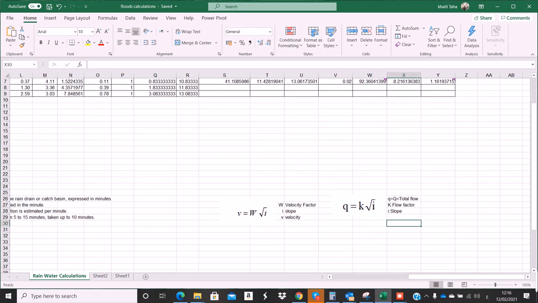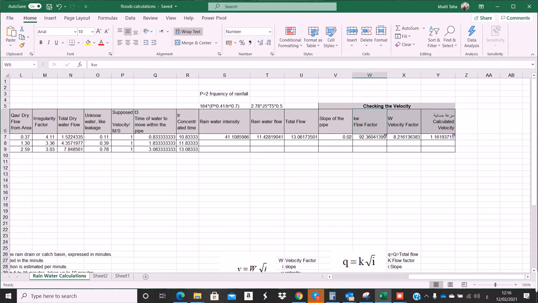I have the total Q, the total flow. I have the slope. I need to find this key factor. How can I find it? It will be the total flow divided by the slope.